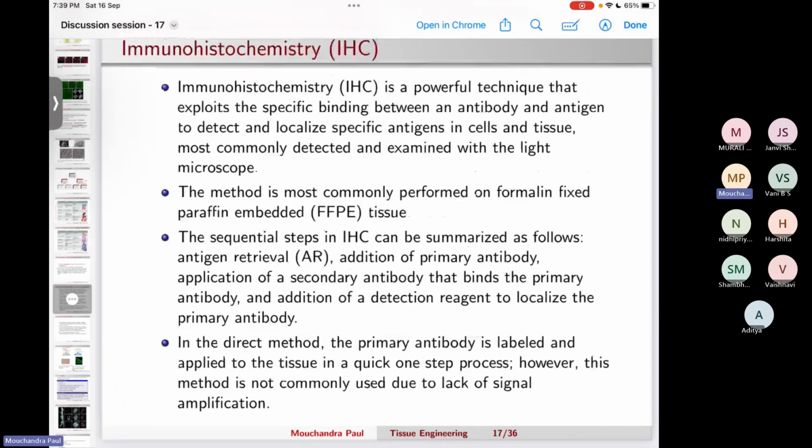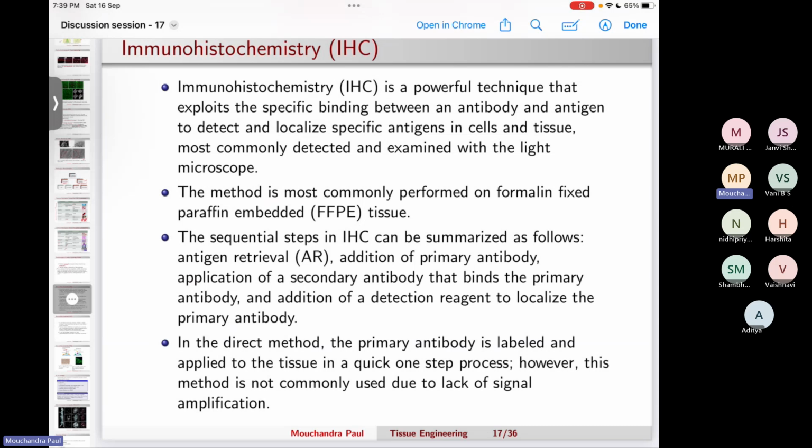Now you can use the classical stains to understand your tissue morphology, but you can also use another technique called immunohistochemistry, which is based on antibody and antigen interaction.